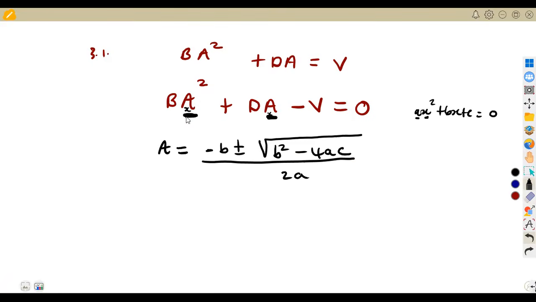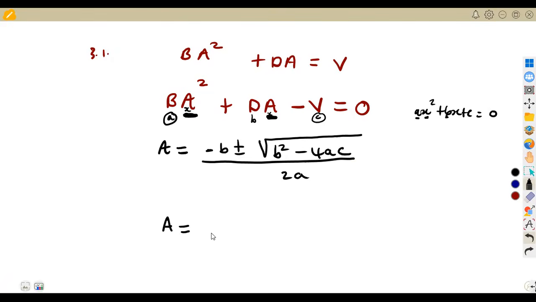So our a squared is the same as x squared, and this b is our a of the formula. Our b of the formula is this d, which is plus d. Our c, the constant, is minus v.